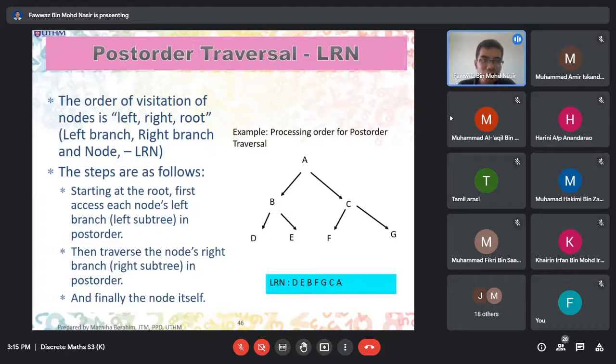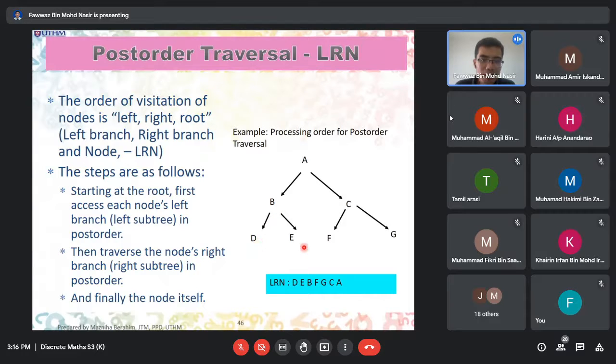For post-order, we traverse through the children first, all its children, the left child and the right child, and then we traverse through its parent node.